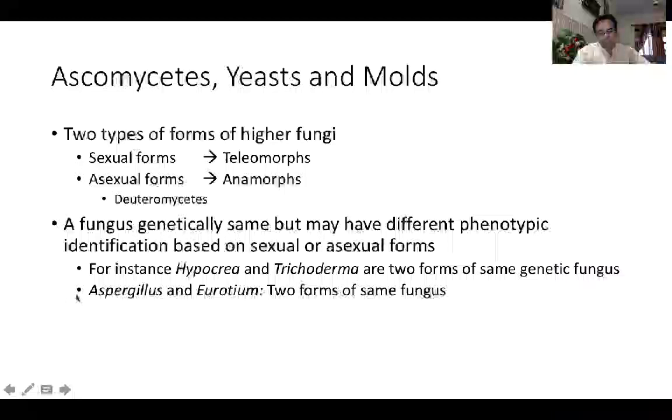Similarly, there is another example, Aspergillus and Eurotium. Now, Aspergillus is basically the anamorphic form, and Eurotium is its sexual counterpart. So the two types of fungi are genetically the same, but they are morphologically different.